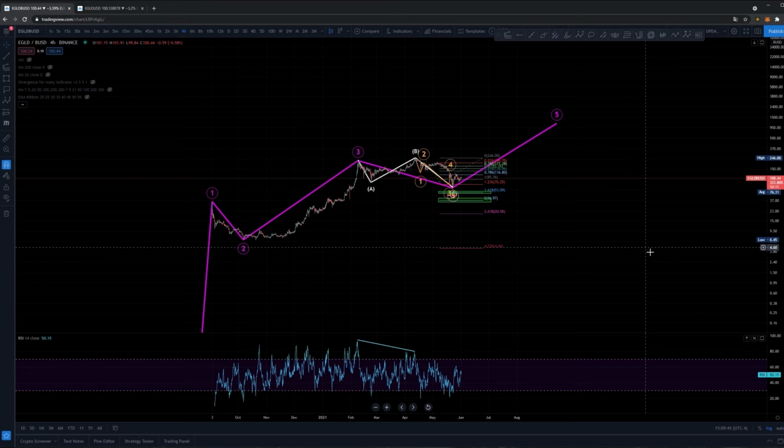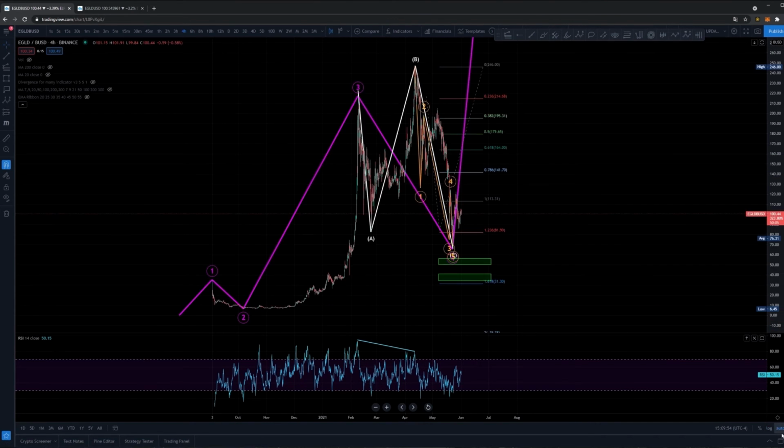This is my projection. Also, very important to notice is that we are in a logarithmic mode right now.